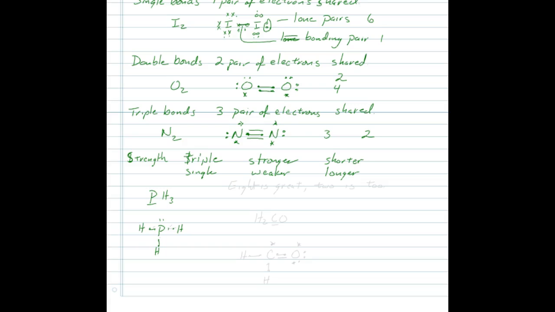Connect the dots. Now the P has 8, 2, 4, 6, 8, but the hydrogen only has 2. That's okay because hydrogen's a small atom and it can only have a full outer shell with 2 electrons. So hydrogen's happy with 2.